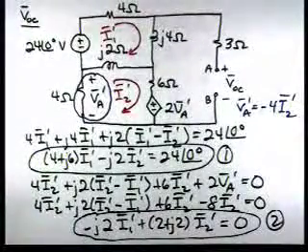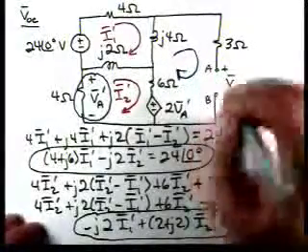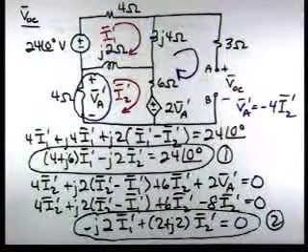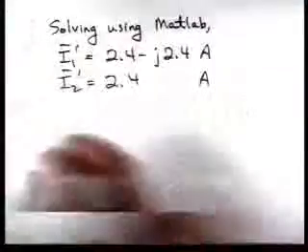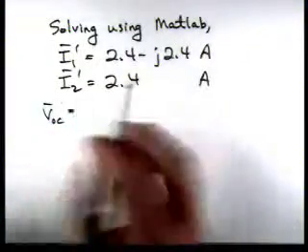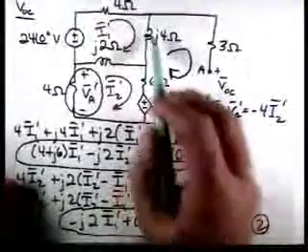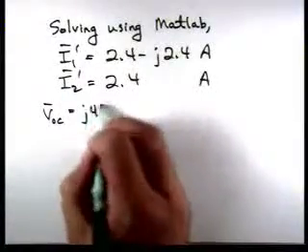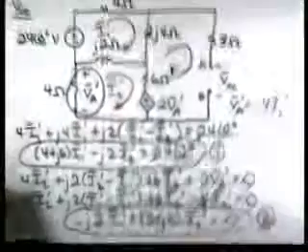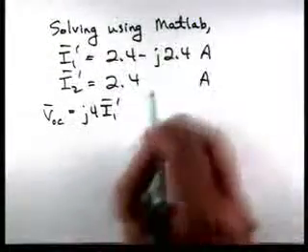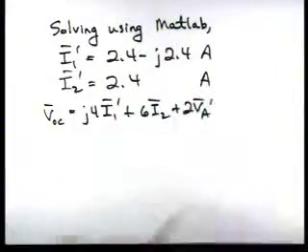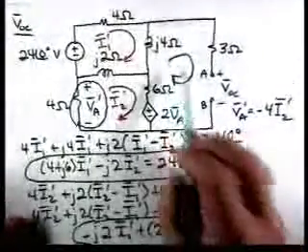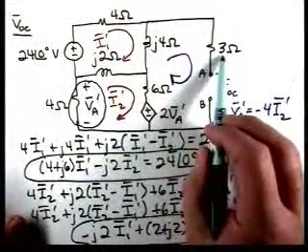Now, if we look back at our circuit, and if we apply KVL around this loop, we'll get VOC is equal to the voltage across here, which is J4 I1 prime, plus the voltage across here, which is 6 I2 prime plus 2 VA prime. There's no voltage across the remaining element because the current is 0.